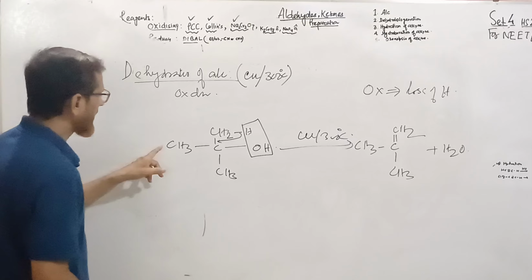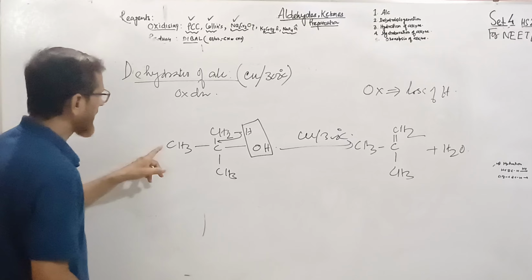So that bond will be withdrawn here. So you are getting HC double bond CH, and if this bond goes, this hydrogen goes with the bond here, so this will be inclined here. So you are getting CH3CHO.